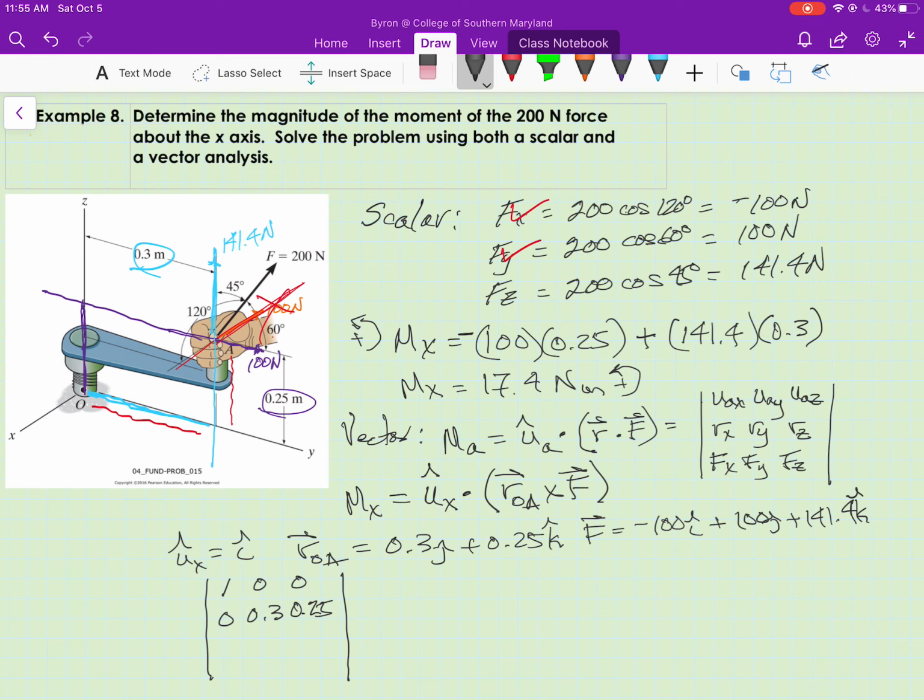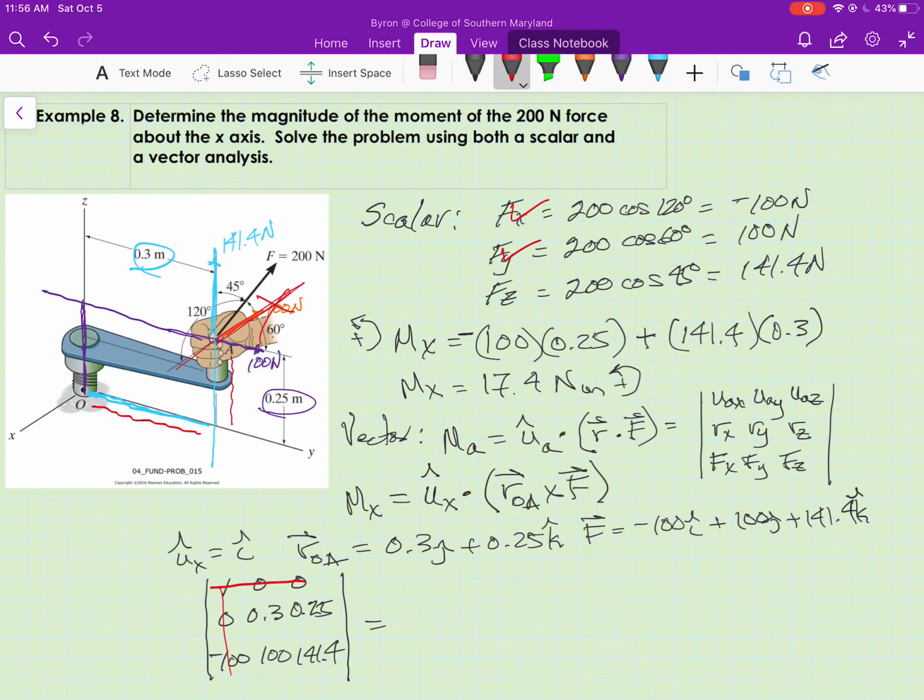And the components of the force are negative 100, 100, and 141.4. So to calculate the value of that determinant, I'm going to cross out the first row and first column.